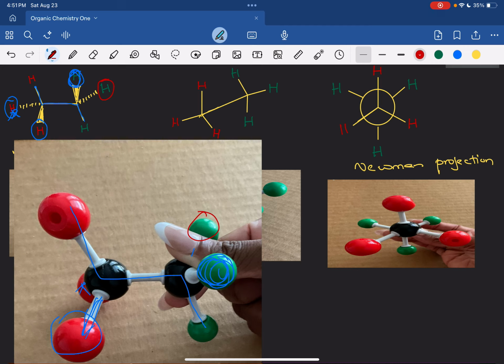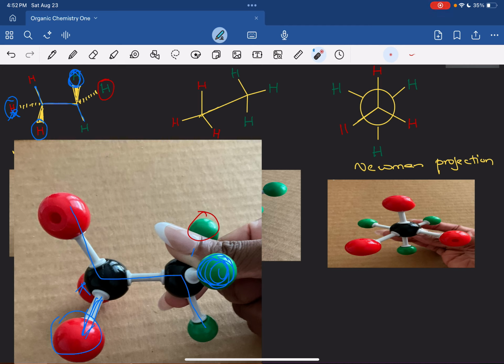Remember, your wedge means pointing towards you, or coming out of the screen towards you. The dash line means it's going away from you, protruding through the back of your screen.